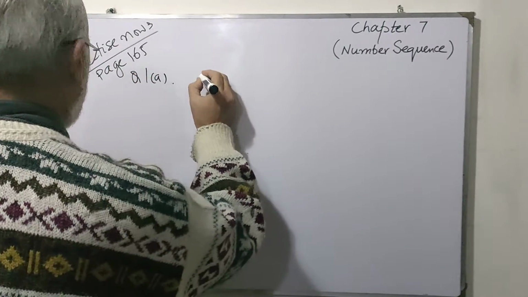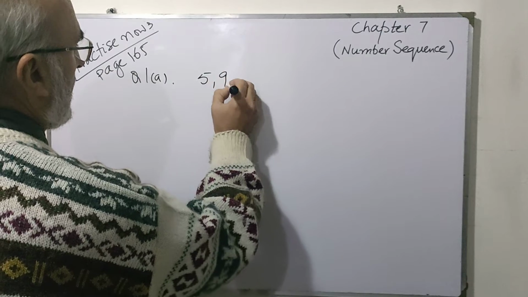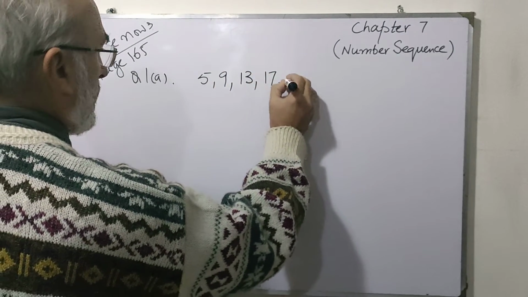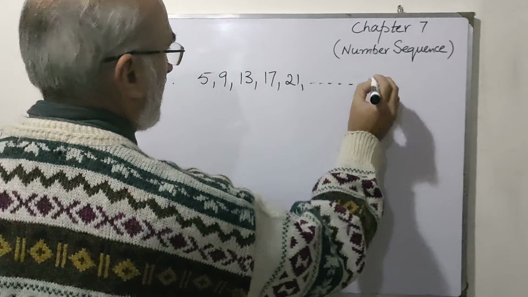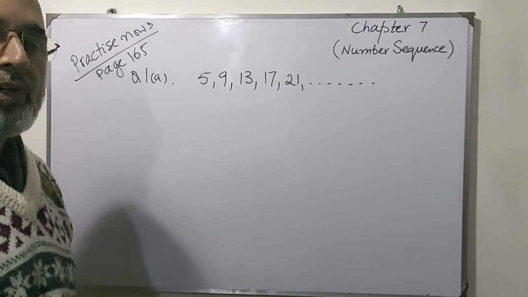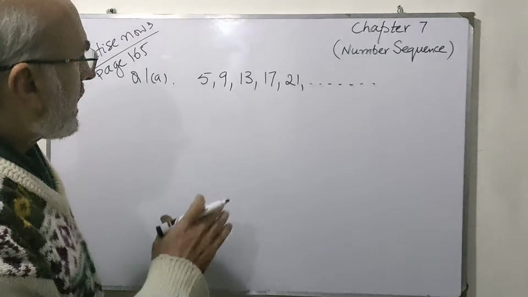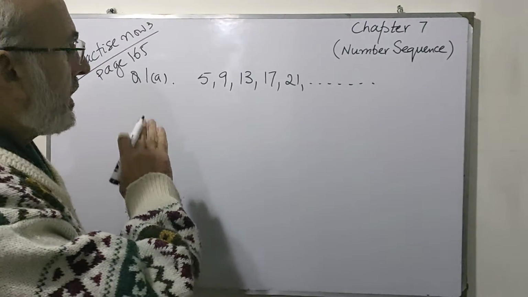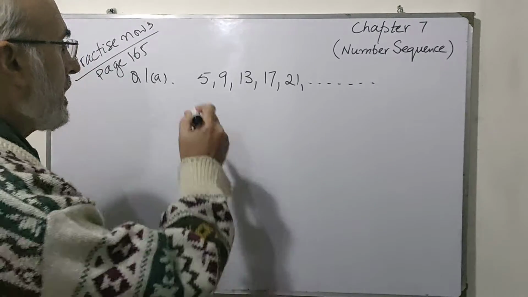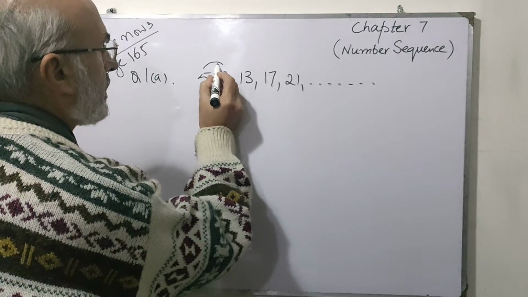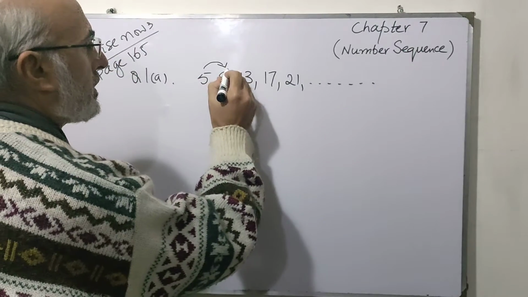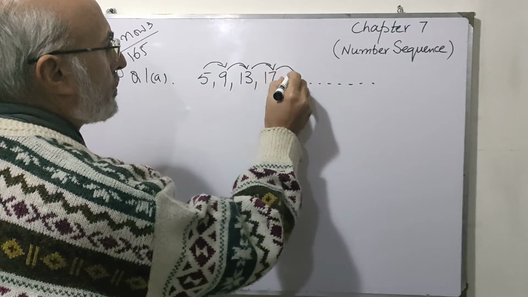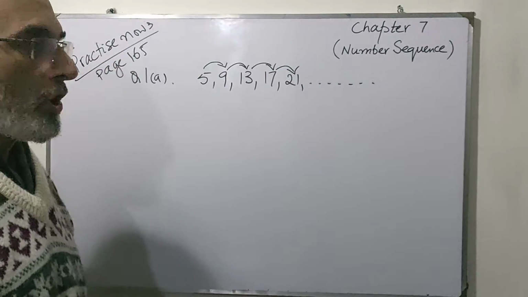The given sequence is 5, 9, 13, 17, 21, and so on. So the first thing, let's figure out what's the common difference between each term of this sequence. If we talk about first to second term, second to third, third to fourth, or fourth to fifth, what is the common difference?